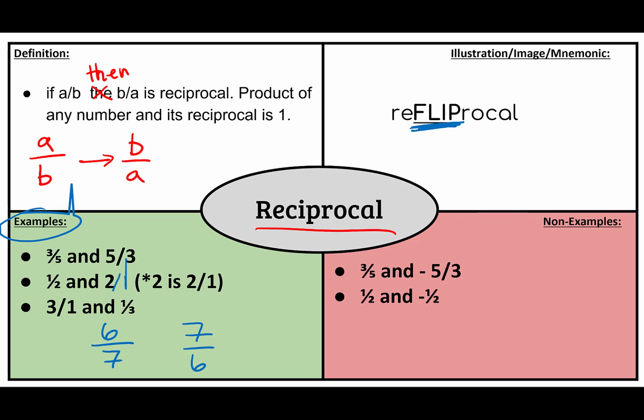Now, it's important to recognize some non-examples of reciprocals, right? So, over here, we have some examples of things that are not reciprocals. 3 over 5 and negative 5 over 3. Even though 3 over 5 and 5 over 3 would technically be the reciprocal, because we have this negative sign, it is not a reciprocal.